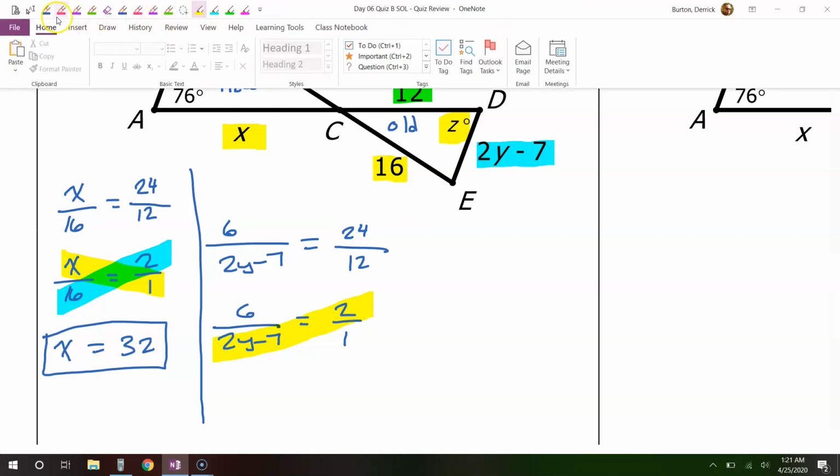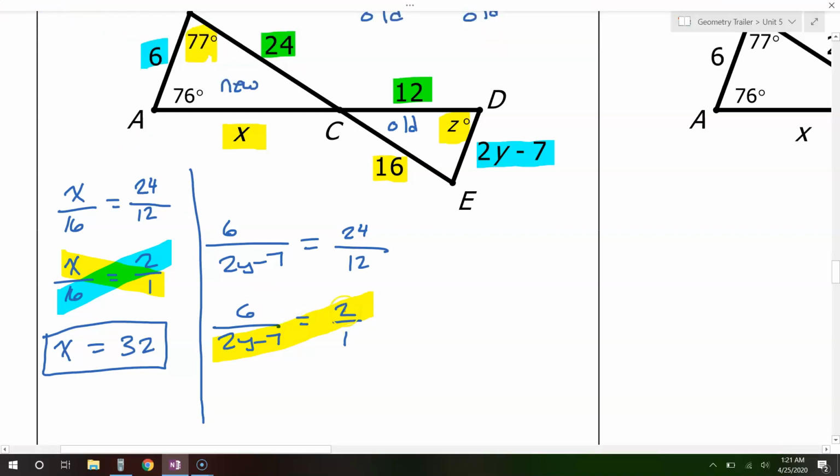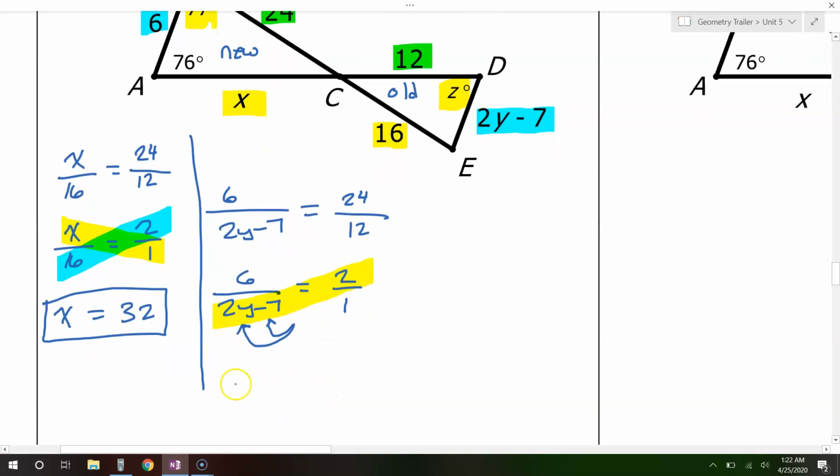Be careful, we need to do the distributive property here. When I multiply 2 times 2y minus 7, I am going to be multiplying times the 2y and the negative 7. So that's going to give me 4y minus 14.